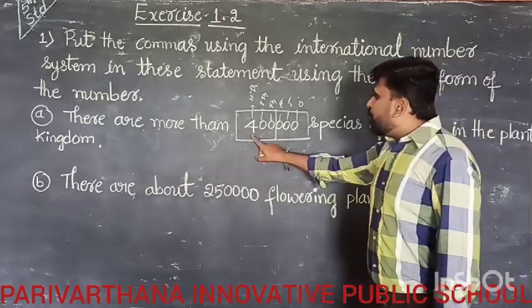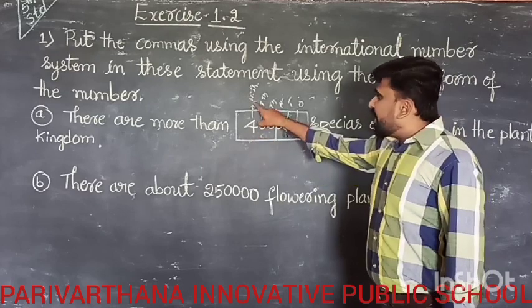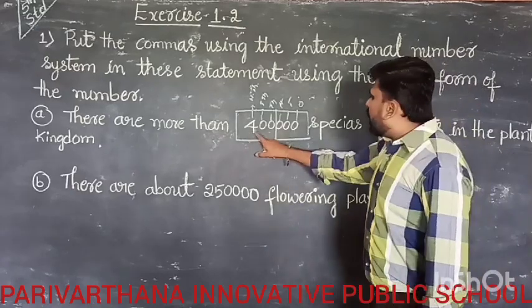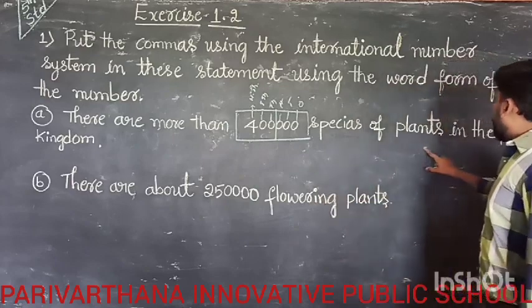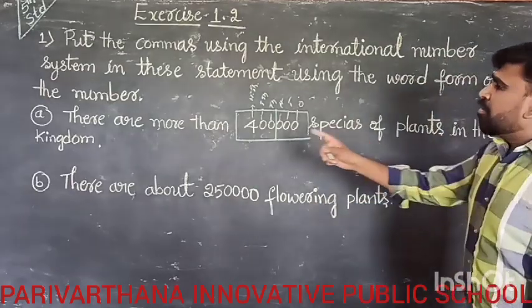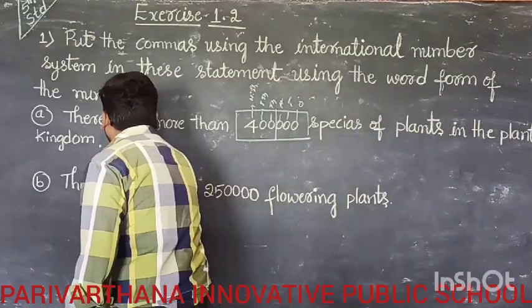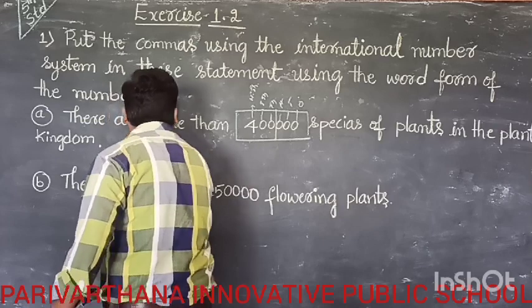That means 400,000. Clear? 400,000 species of the plants in the plant kingdom. Here, for the first one, you just have to put commas.